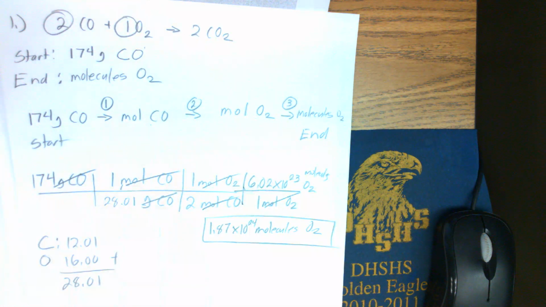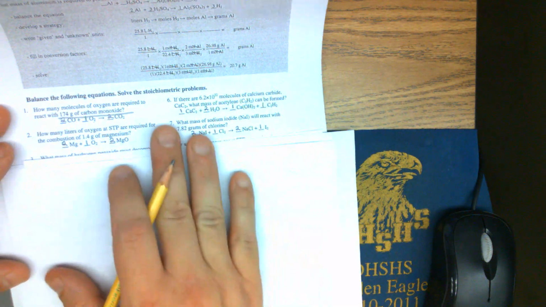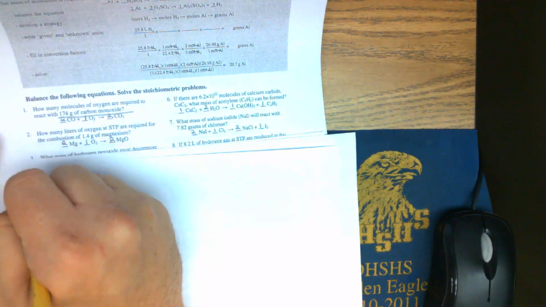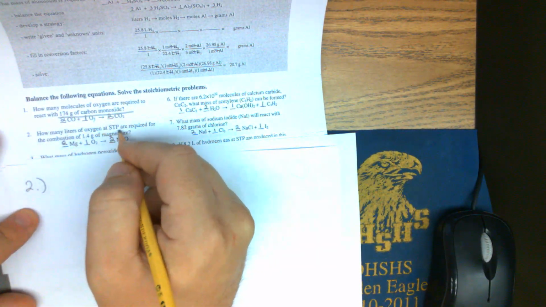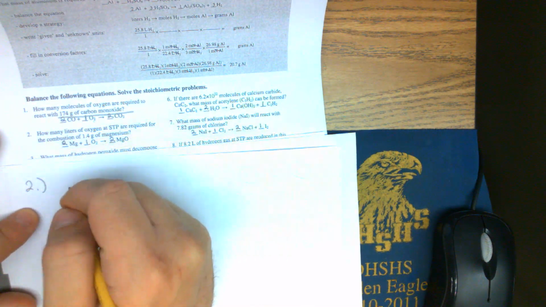All right, so that's the first one. They take a while, but they're not too bad after. All right, let's look at one more. The second problem that we're going to look at here is we want to figure out how many liters of oxygen are at STP required for the combustion of magnesium.